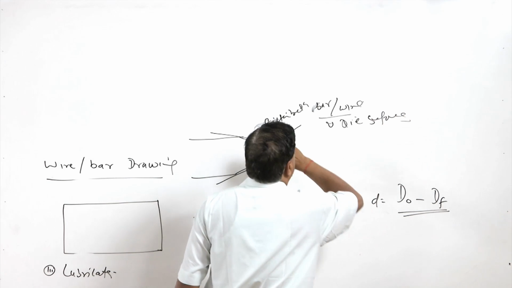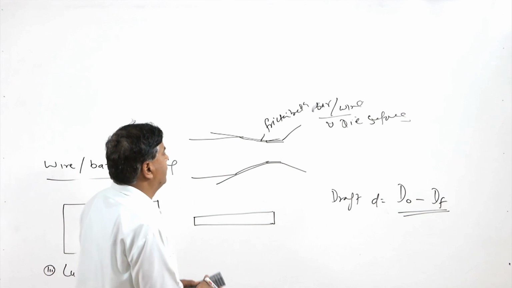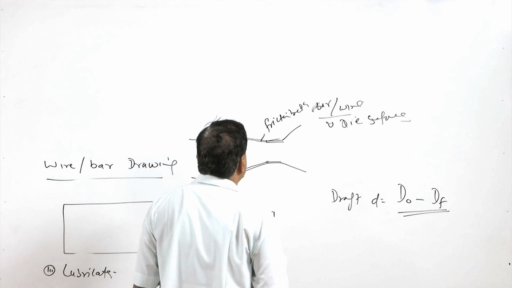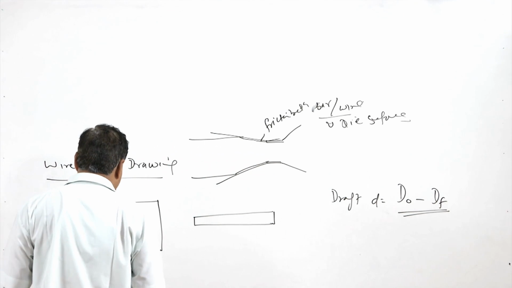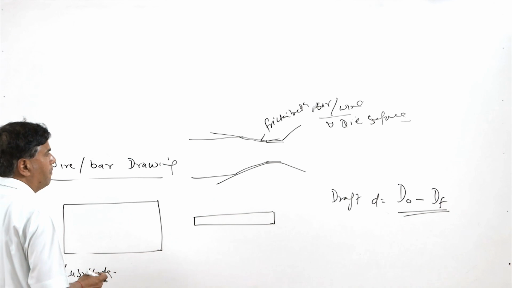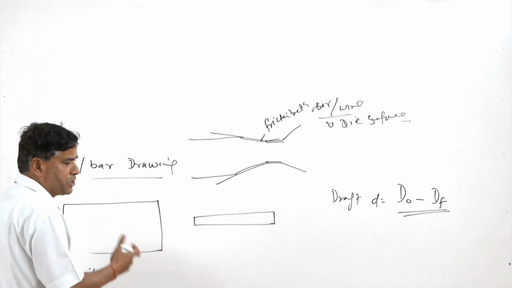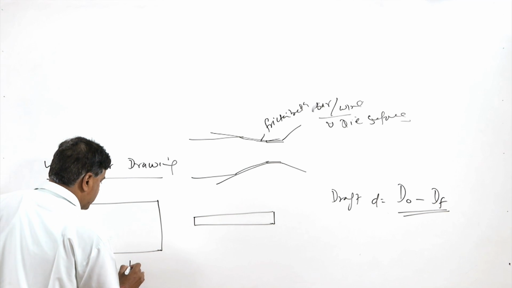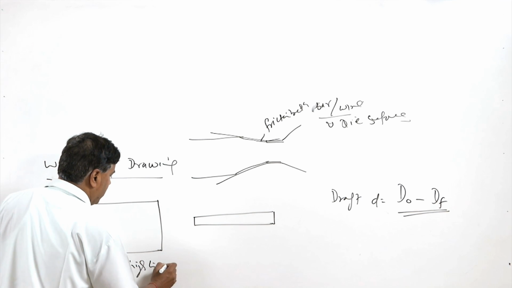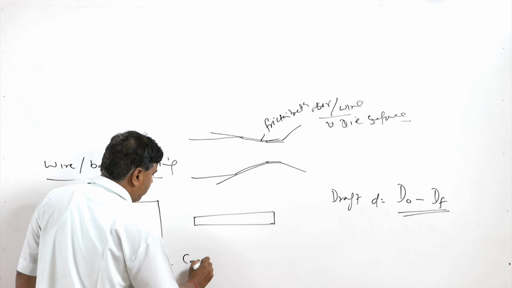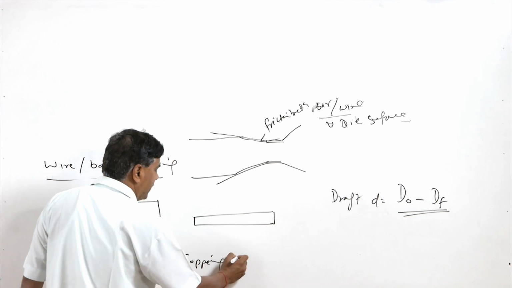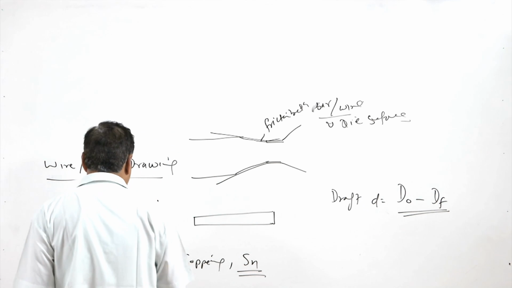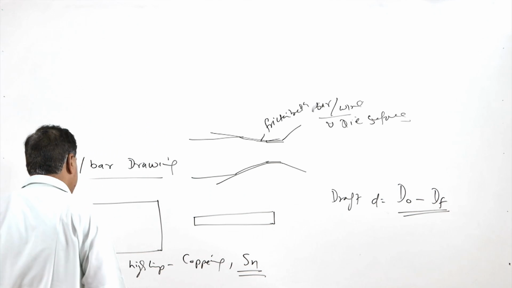So in order to reduce this frictional effect and the unnecessary power required for drawing, lubrication is carried out. There are different methods to apply lubrication depending upon the temperature conditions under which the wire drawing is carried out. For high temperature conditions, coppering is used, and sometimes even tin is also used for lubrication purposes.